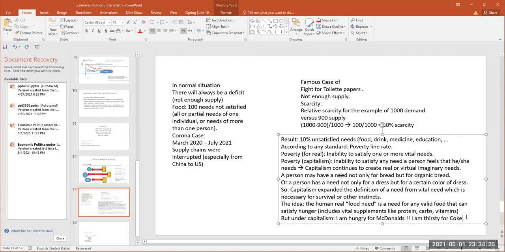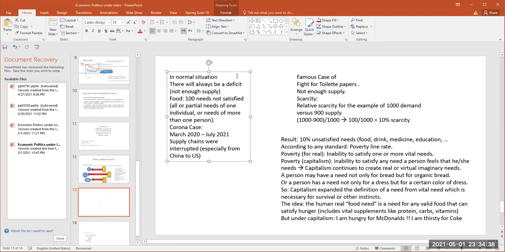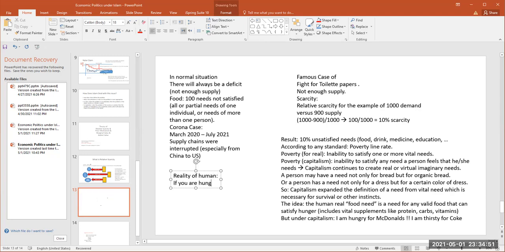In real life, this is not true. In real life, you don't have this, I am hungry for. In the reality of a human, if you are hungry, it means that the body needs nutrition.